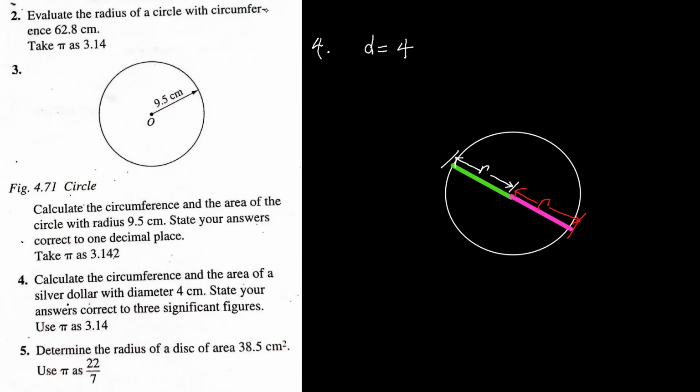All right, so if the diameter in question 4 is 4 centimeters, Tyrese, how much is the radius? Tyrese.